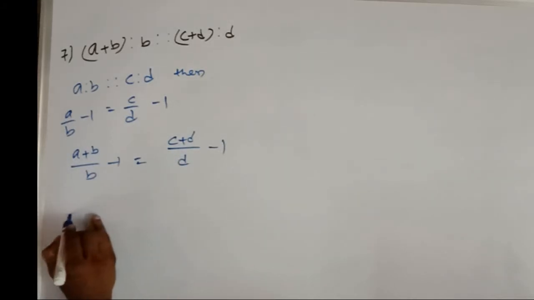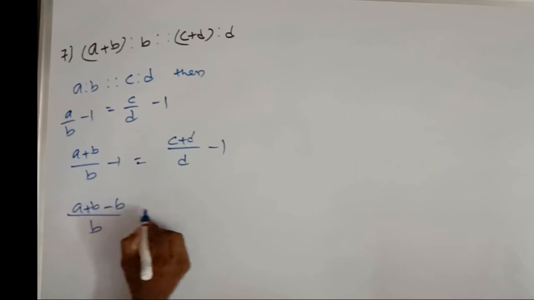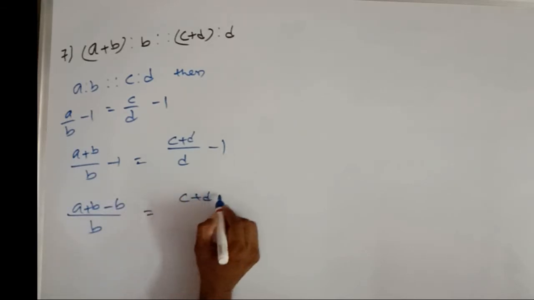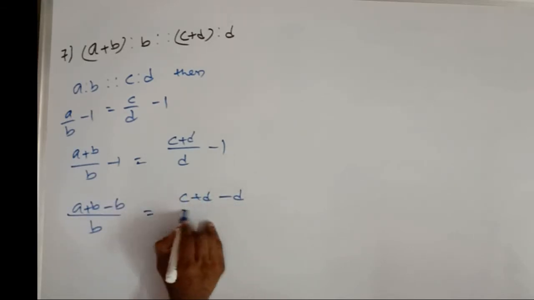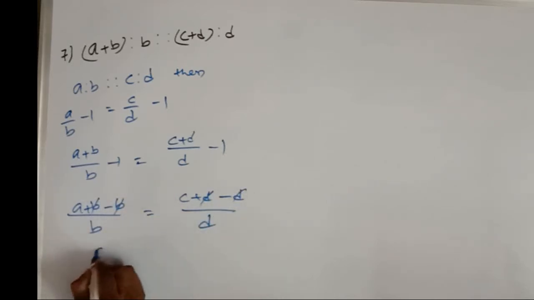Now do the LCM. LCM is b. a plus b minus b is equal to c plus d minus d by d. That is, a by b is equal to c by d.